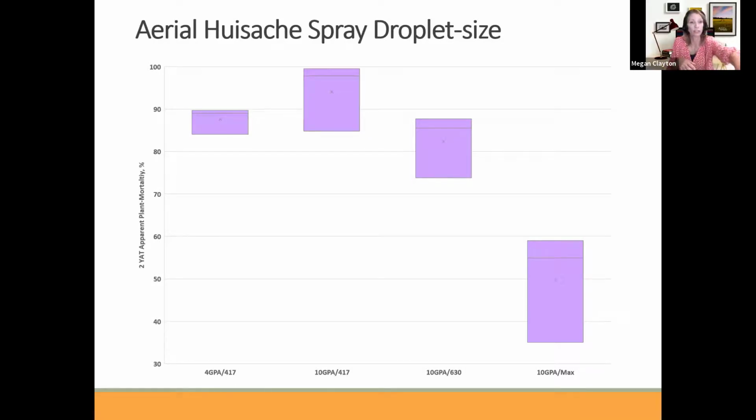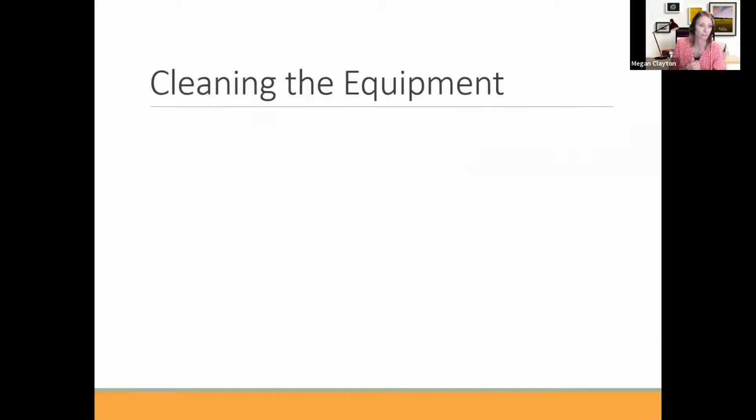And you can see that they're a lot tighter when you get to smaller droplet sizes. Again, once we got to that 600 micron, not only was there a wider range of control numbers, but it drastically dropped off when we went to a very coarse droplet size, despite putting out 10 gallons per acre.